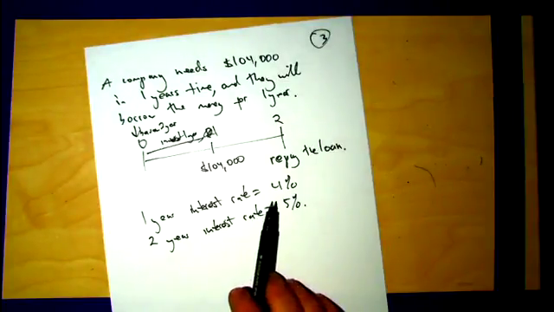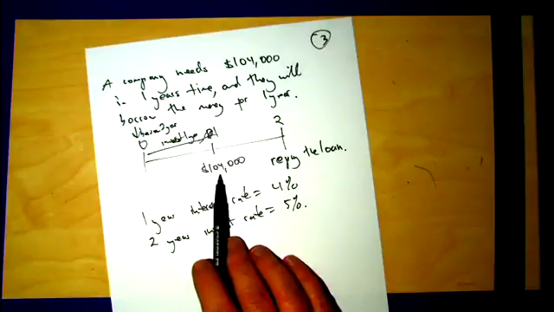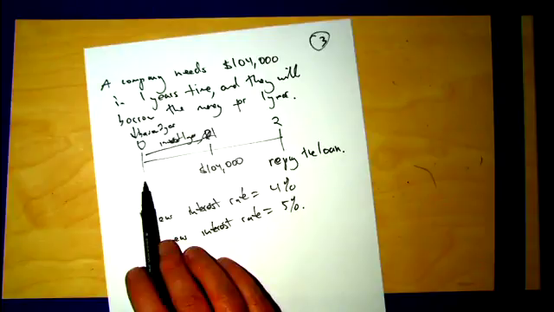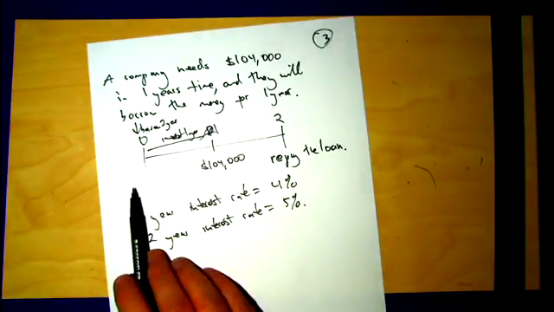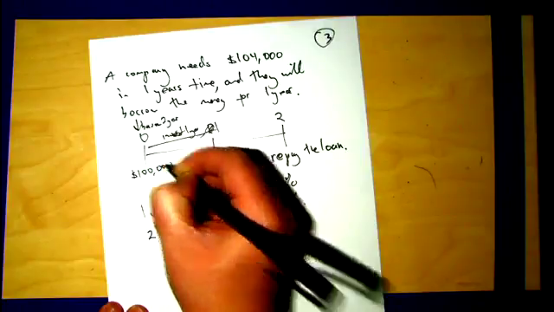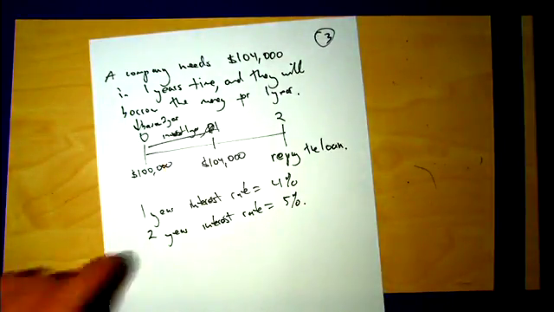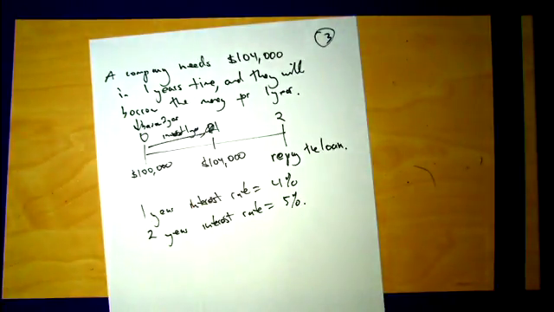So if we assume just simple interest, if you want $104,000 in a year's time at an interest rate of 4%, how much would you have to borrow today if you're going to invest it at 4%? How much would you borrow today? $100,000. Right? If you borrow $100,000 today, in a year's time you'll have $100,000 plus 4% interest. You'll have your $104,000.